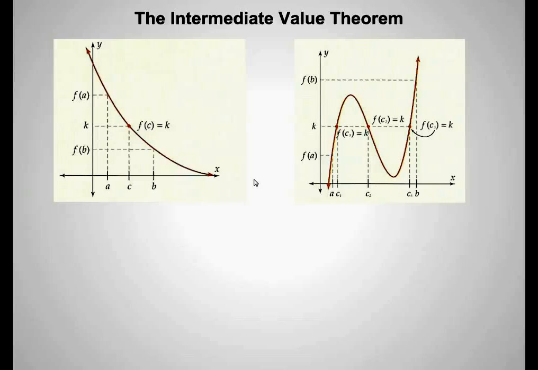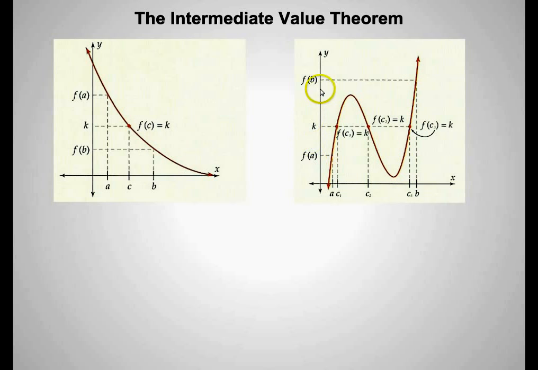And this diagram shows a case where there are three numbers, c1, c2, and c3, all between a and b. So the value for c will always be between a and b. If you look at a, it gives us f of a. b gives us f of b.